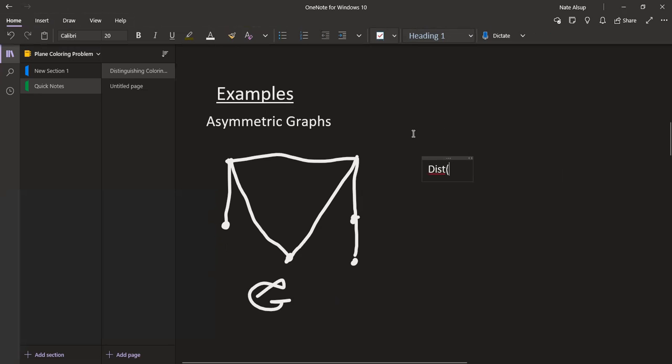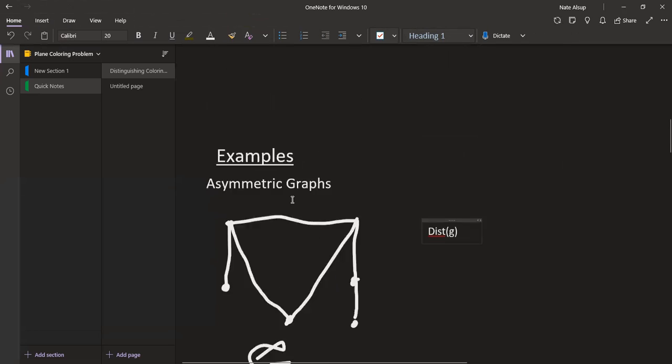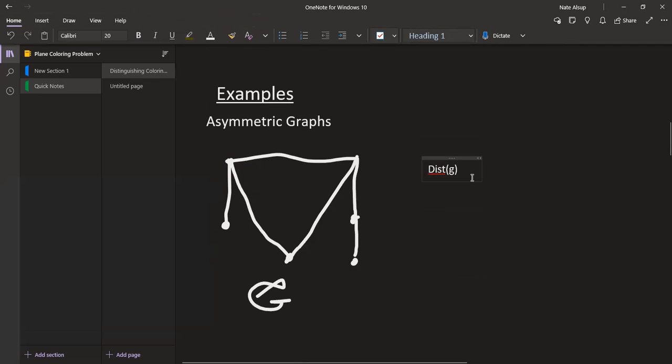When I talk about dist G, I'm going to put G for all the graphs that we do. So dist G is equal to 1.